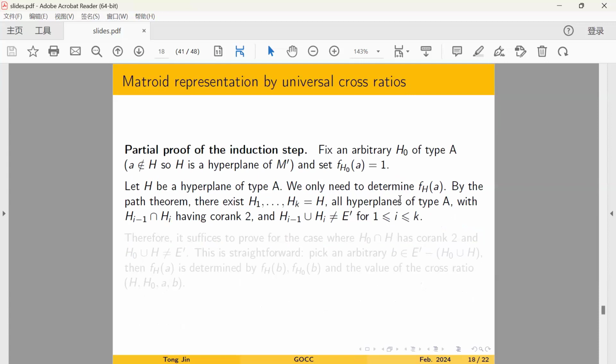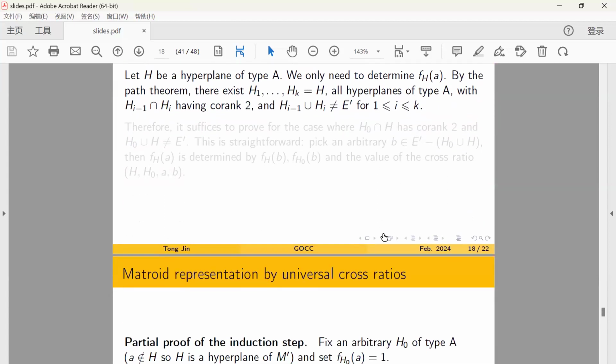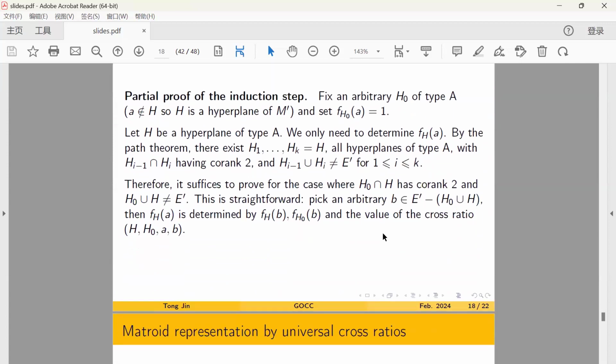Now by the path theorem, we can find a path using the hyperplanes of type A, let's say H1, H2, up to Hk equal to H, with the property that the intersection is of co-rank 2, and the union is not everything in the deletion. So if we wish to determine F_H(A) for H a type A hyperplane, we only need to prove it for the case when H0 and H are adjacent in the Tong graph.